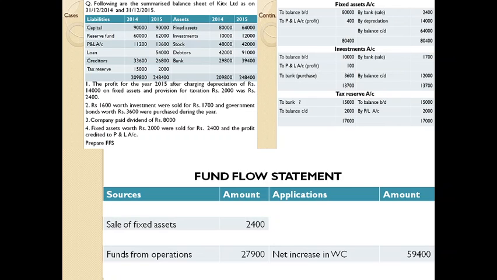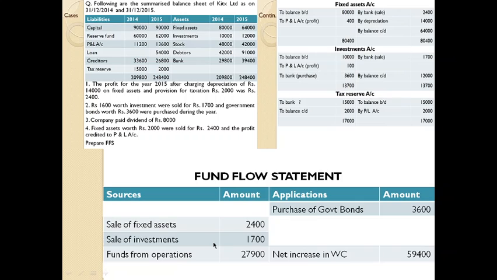There is a purchase as well as a sale, so you have to show those two items accordingly. Purchase is an application, so 3,600 is shown on the application side, and there is a 1,700 sale of investment, so it is shown on the sources side. After that, the next account is tax reserve. There is a payment of 15,000 during the year, tax paid 15,000.